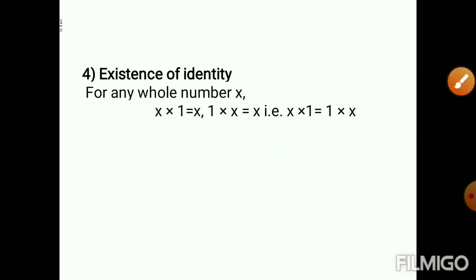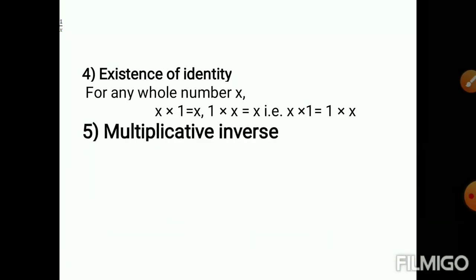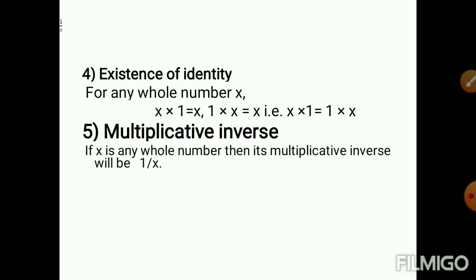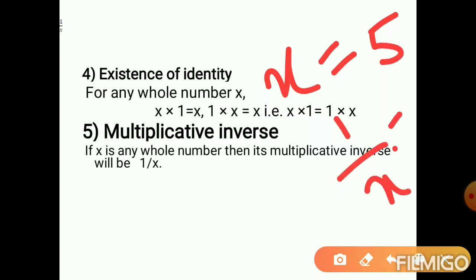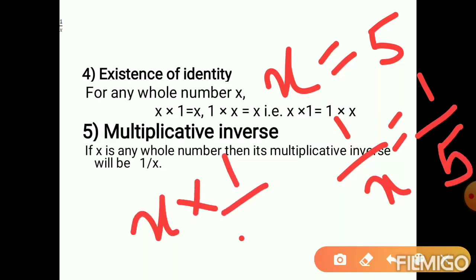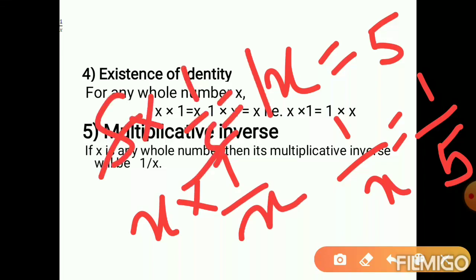My next property is multiplicative inverse. It says if x is any whole number, then its multiplicative inverse is 1 upon x. Suppose my x is 5, so its multiplicative inverse will be 1 upon 5, because when we multiply x by 1 upon x, 5 into 1 upon 5, we will get 1.